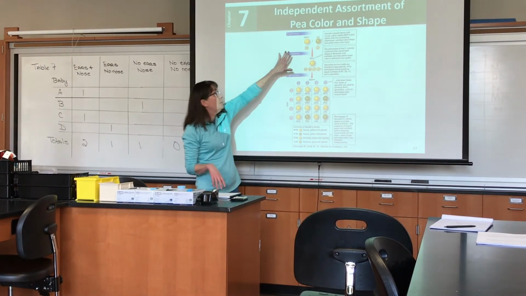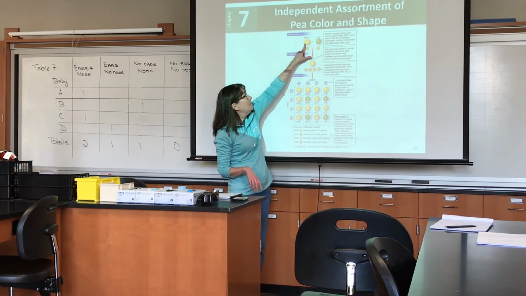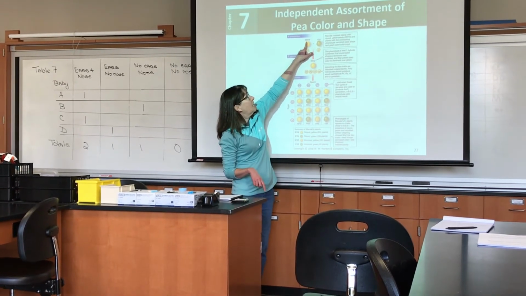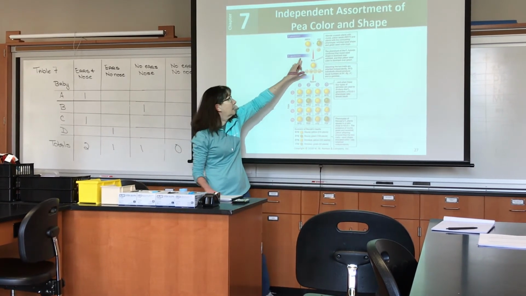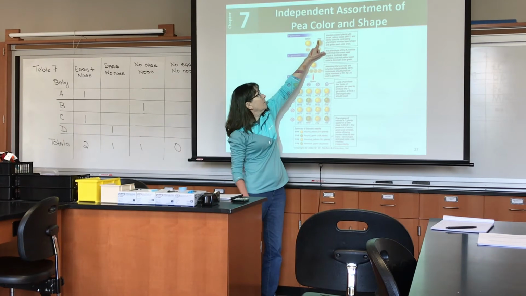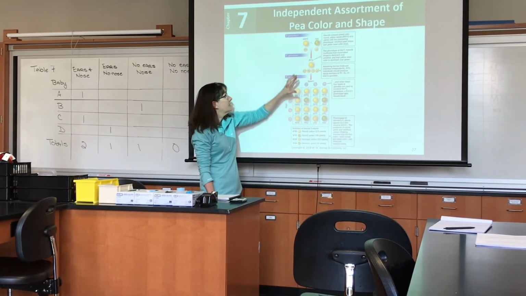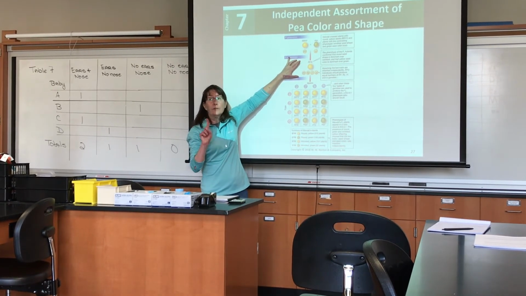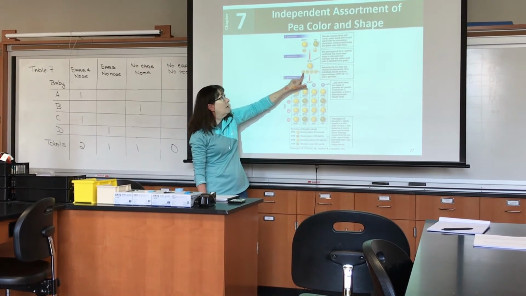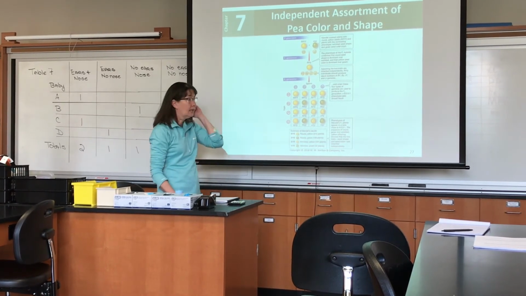In our example here, here's our parent generation, homozygous dominant for each characteristic. The other individual, homozygous recessive. All of the offspring in the F1 or the first generation are all heterozygous for each characteristic.